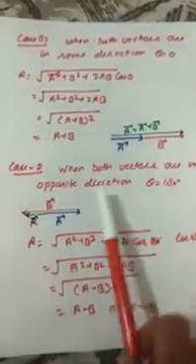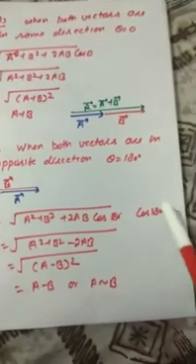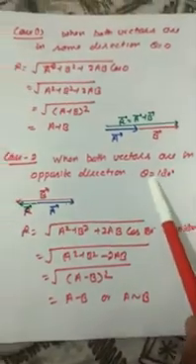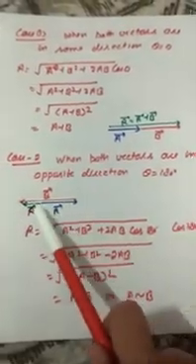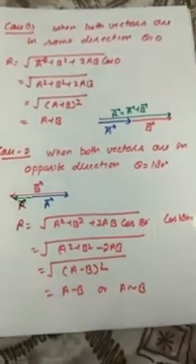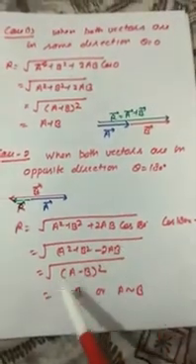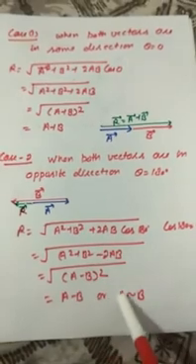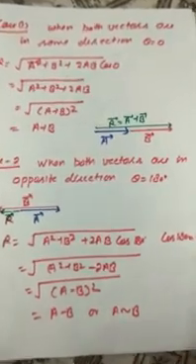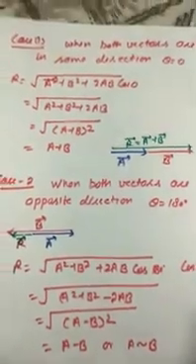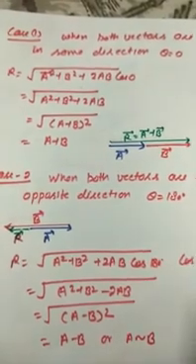Second case, what was it? If theta is 180, both the vectors are in opposite directions. What is the value of cos 180? It is minus 1. In this way we get A minus B or B minus A, whichever is greater, and from that the shorter will be subtracted.